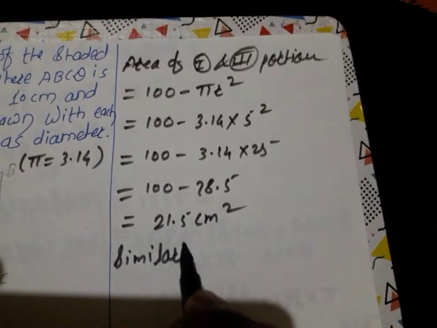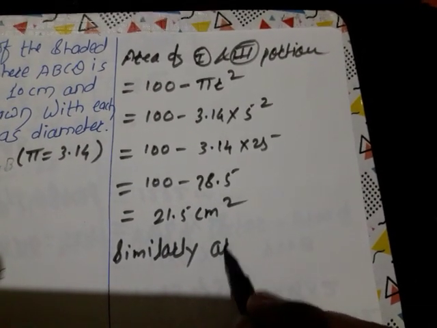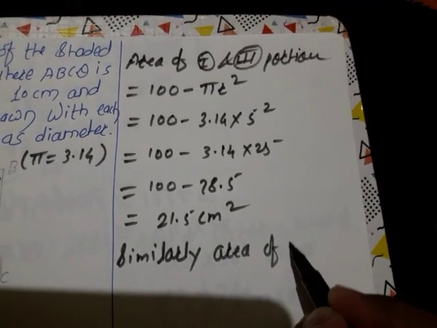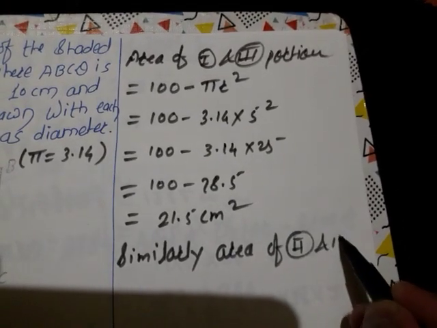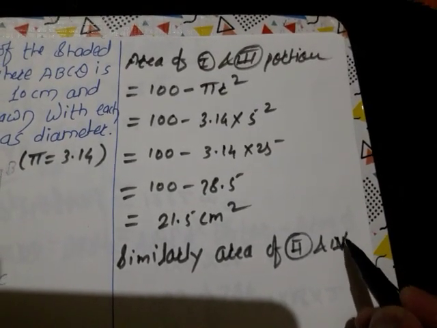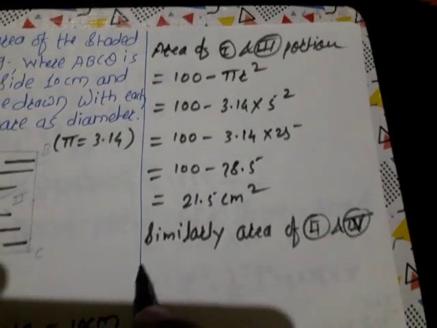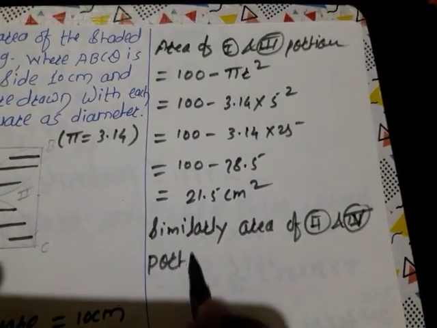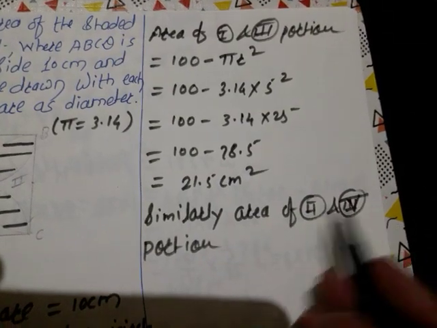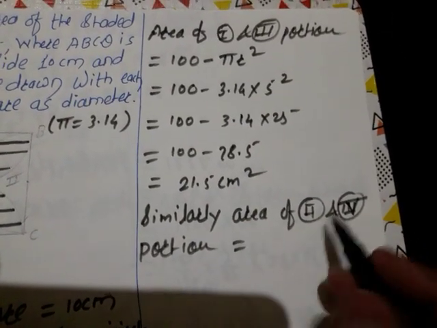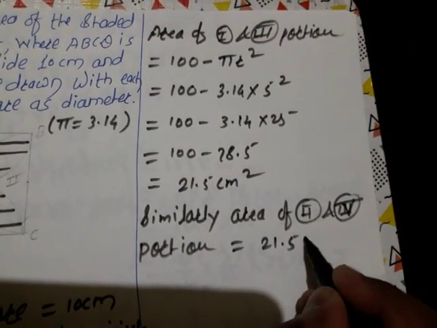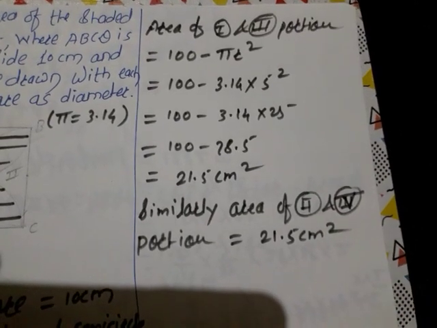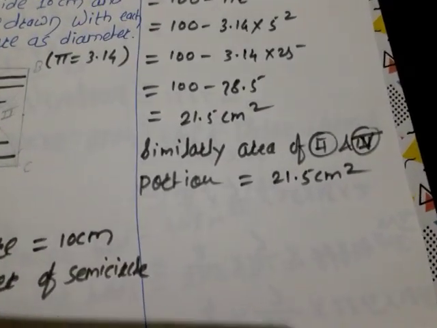Similarly, area of second and fourth portion is equal to also the same, 21.5 centimeter square. Do you understand? It will be the same.